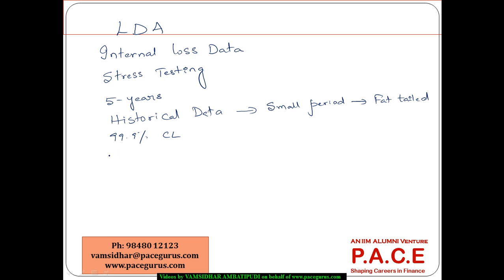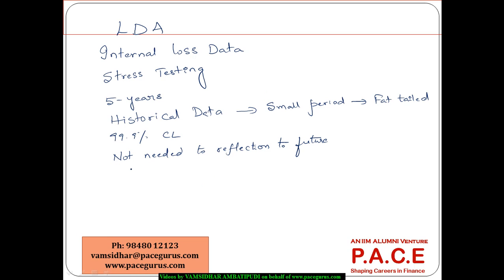And at the same time, there is always an argument that historical data is not necessarily a reflection of the future. Everything that is based on past data, we always make the assumption that the past will reflect the future.